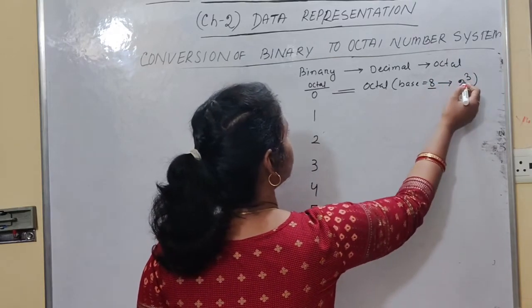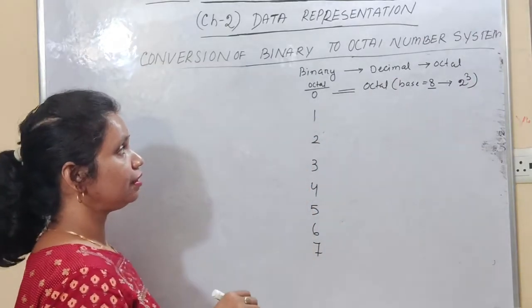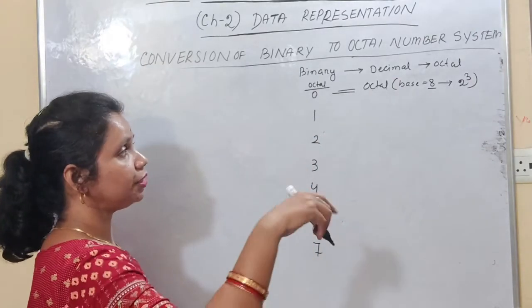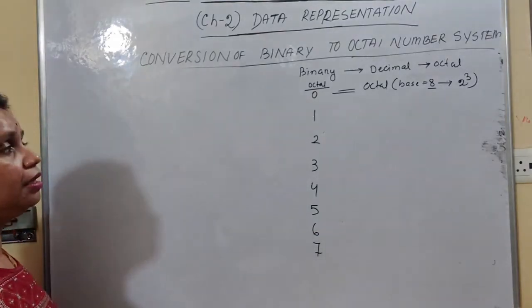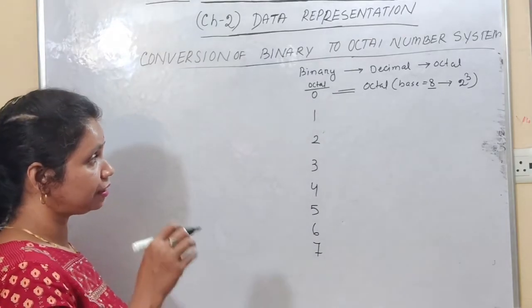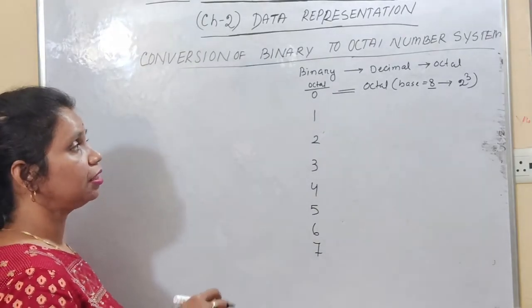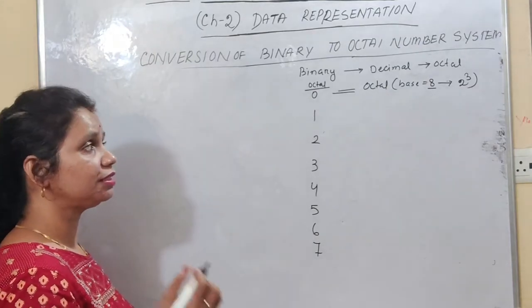So 2 to the power 3 equals 8. Remember students, if you want to represent any octal digit in its equivalent binary, you have to represent it using 3 bits.